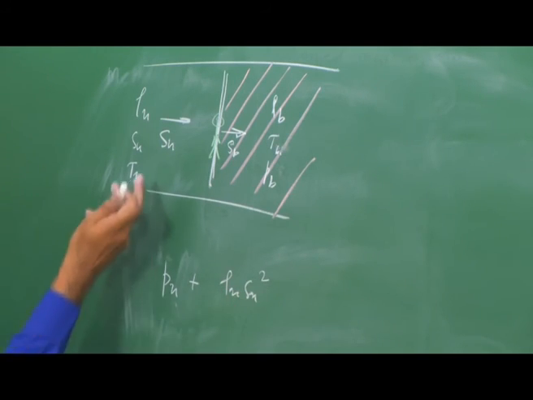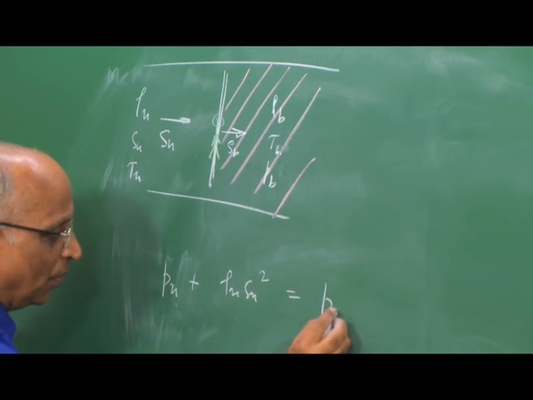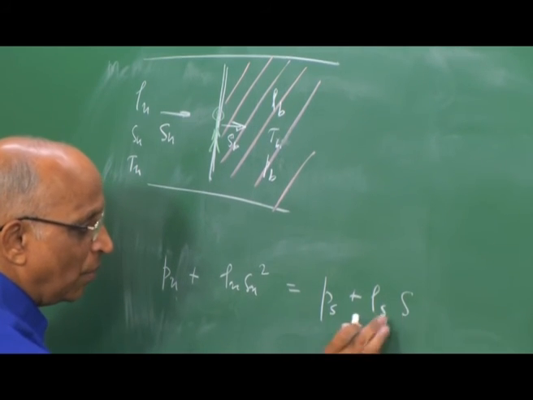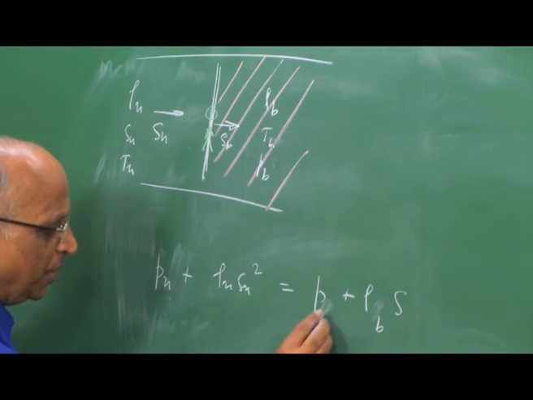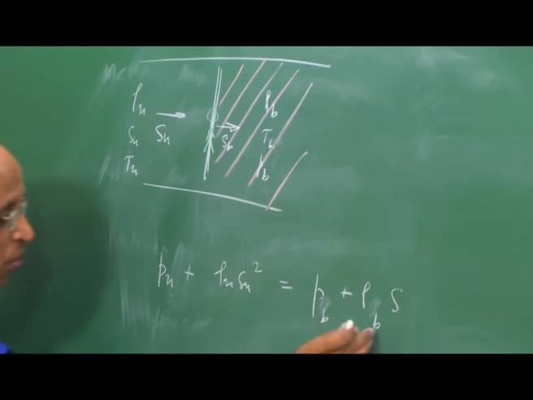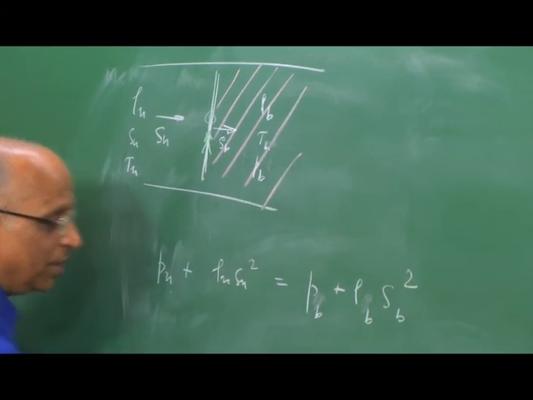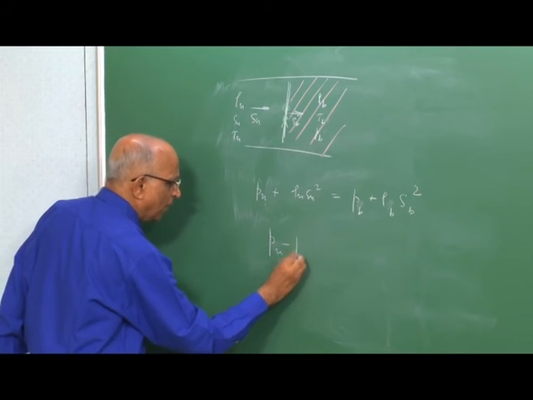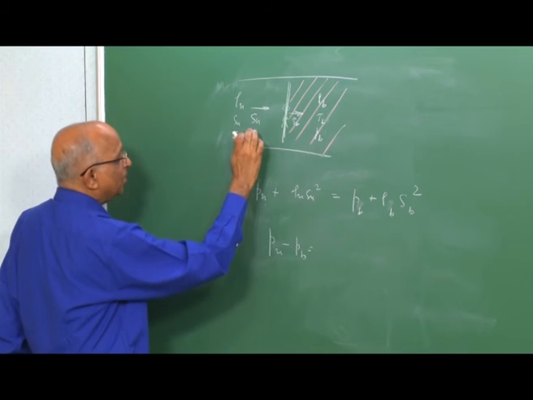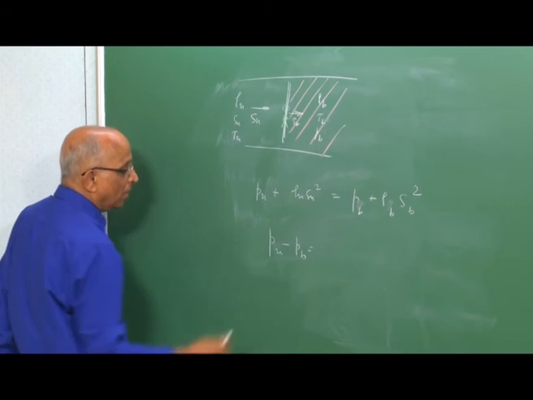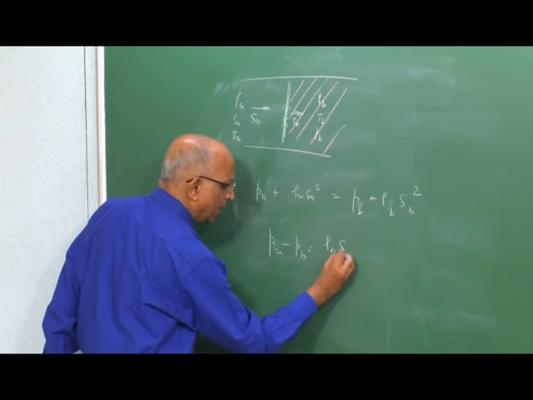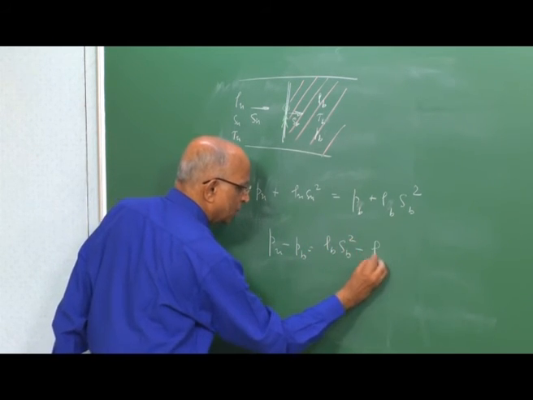This is the result of the pressure and the momentum on this side, which is equal to Pb plus rho b into SB square on the other side. Therefore, the change in pressure from here to the burned gases, Pu minus Pb, is equal to rho b SB square minus rho u SU square.